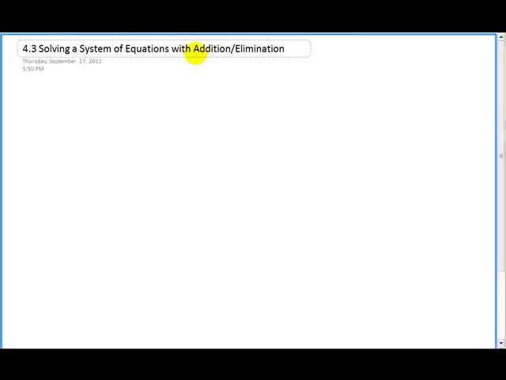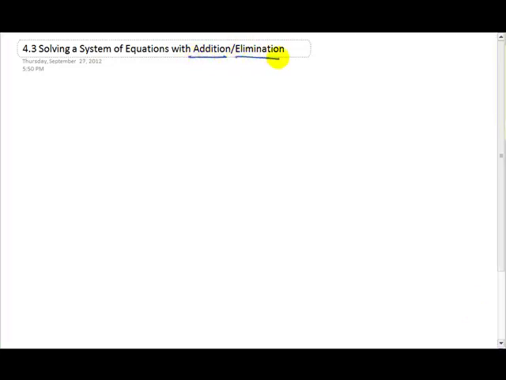4.3, solving a system of equations with addition, which is also called elimination. What we're going to do is add, and in the process we will eliminate one of the variables.